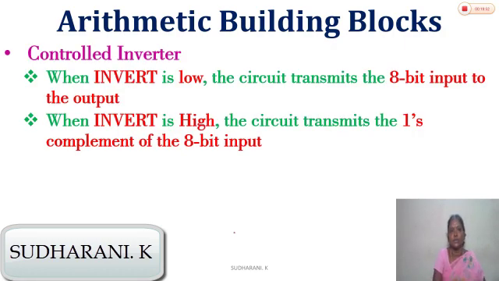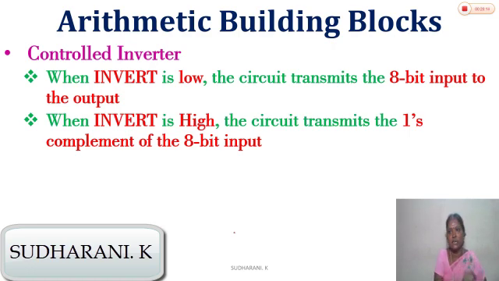A controlled inverter is an arithmetic circuit which is going to transmit the input as it is, or it is going to transmit the ones complement of the input. To control this, we have a control signal, say invert.